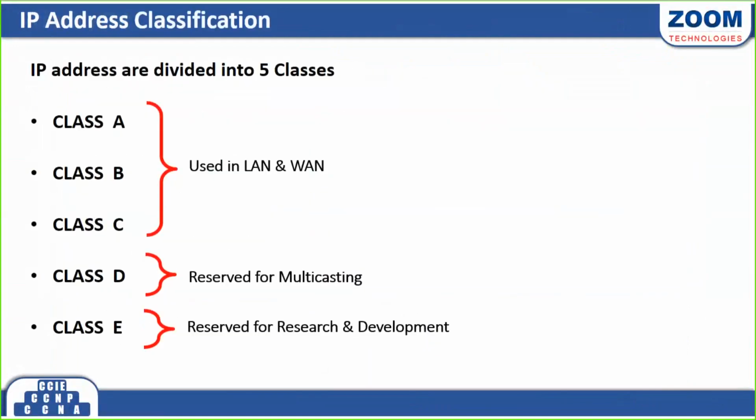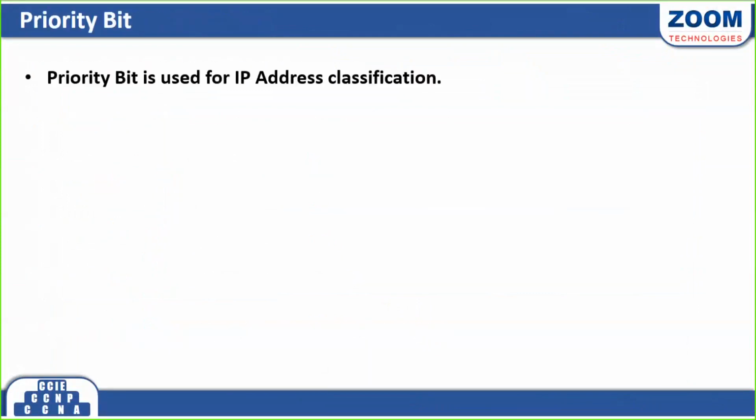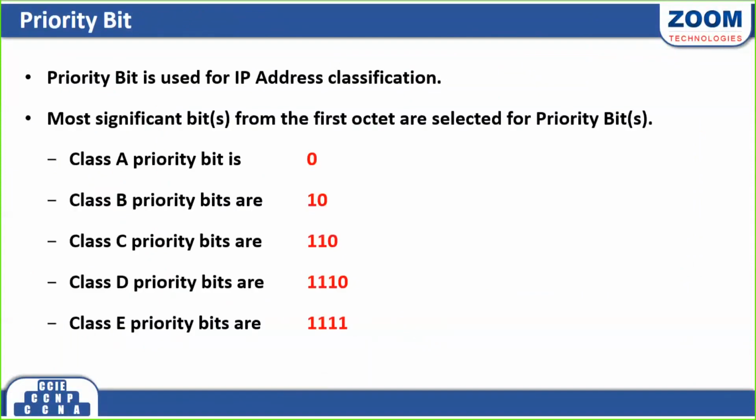IP addresses are divided into 5 classes, ABC for the purposes above, and D and E. Priority bits are used for IP address classification. The most significant bits from the first octet are selected. For class A, first bit 0 is reserved. For class B, first 2 bits 1 0.